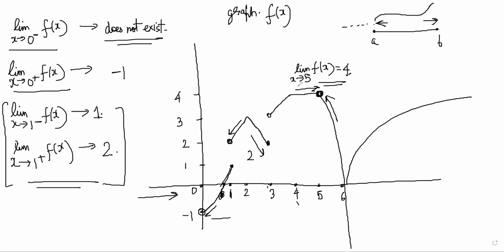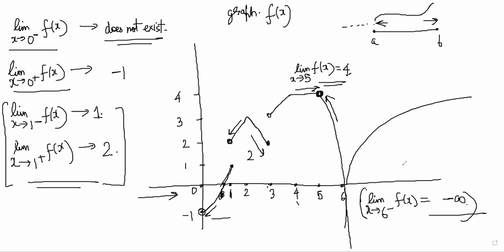At 6, this graph is going very down and almost vertically down, right? So at 6, limit x tends to 6 minus fx is actually minus infinity, right? This infinity is not a real number, but this suggests that it becomes very low.